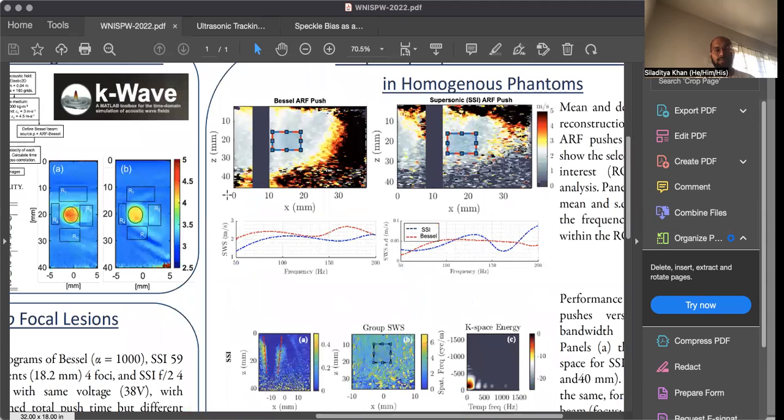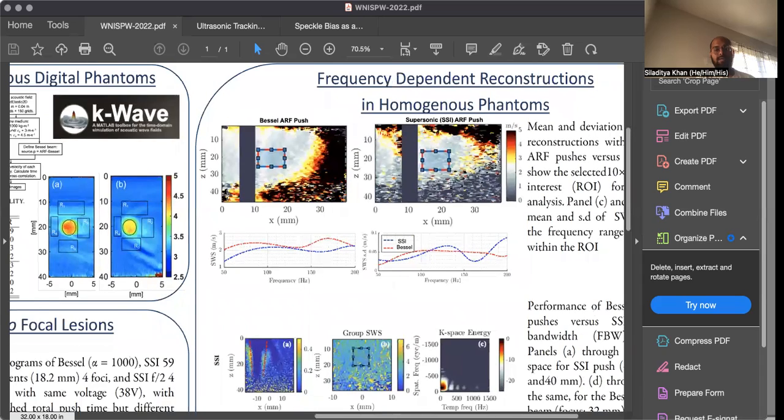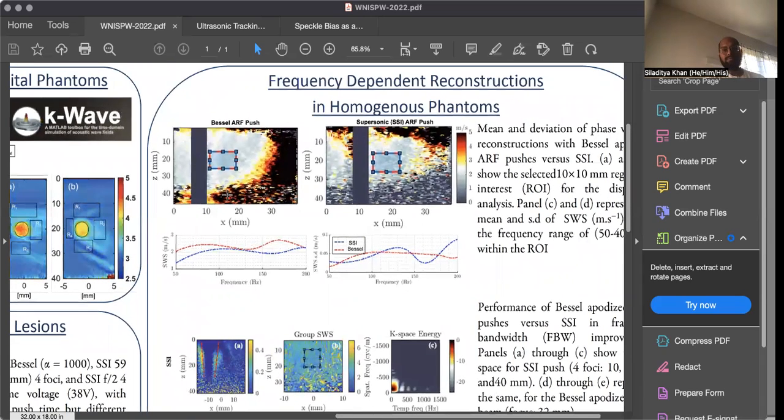We also explored frequency dependent reconstructions in homogeneous phantoms. As you know, as shear waves propagate in a medium, they undergo wave distortion and dispersion, and attenuation also happens in the shear wave.